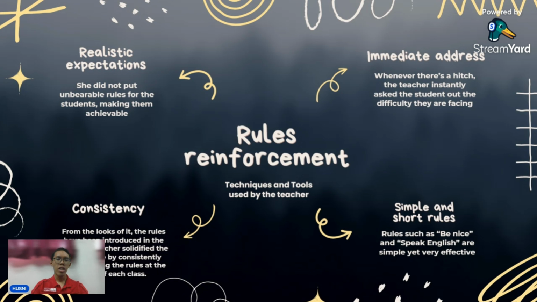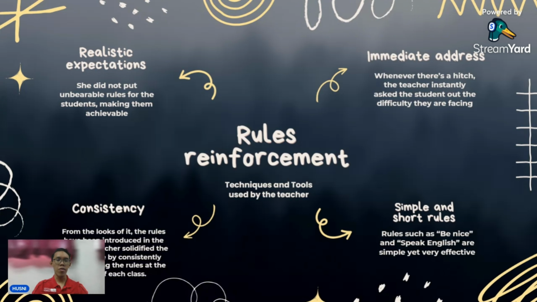And then the second rule was to raise their hands. The third rule, hands on your desk, feet on the floor. The fourth would be nice all the time. The fifth one would be clean up.